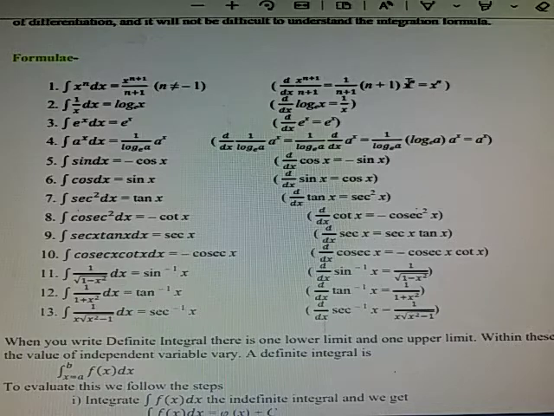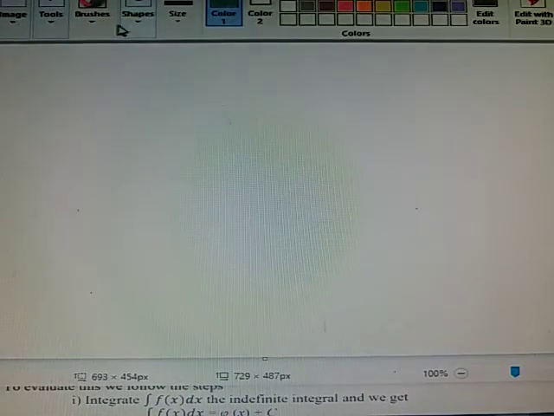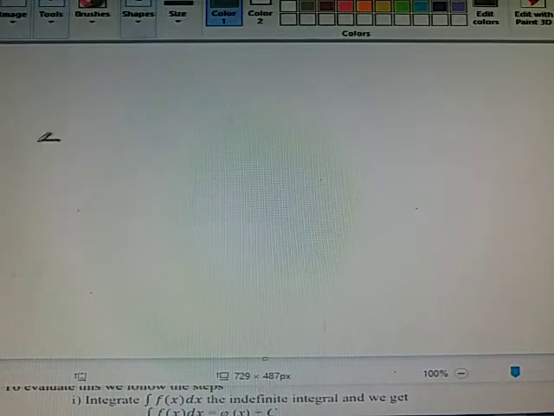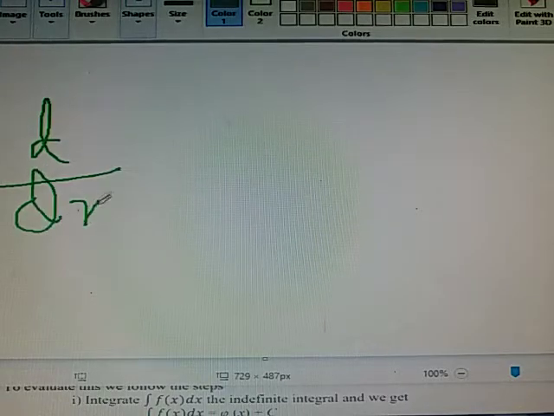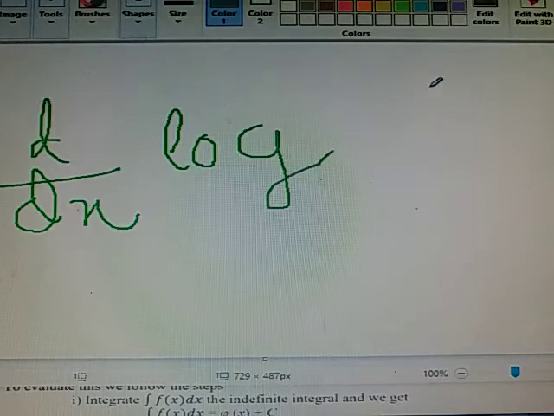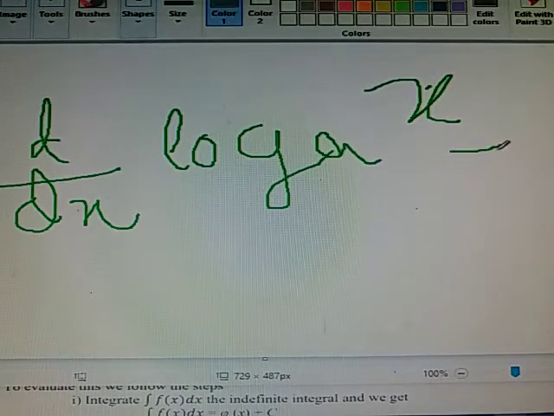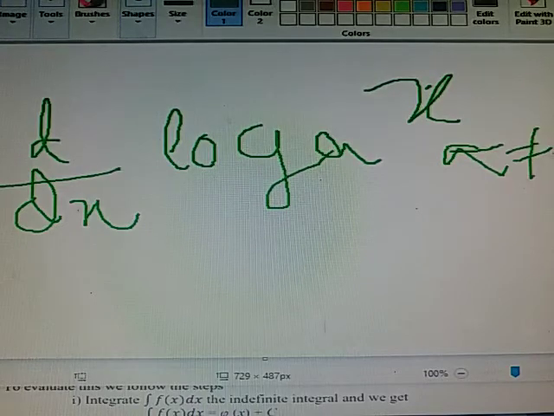In a similar way, you take the derivative of log of x, base is e, that you remember, base must be e. So when you say d/dx of log x, you must know what the base is here. If it is a, where a is not equal to e, then you cannot say this is equal to 1 by x.